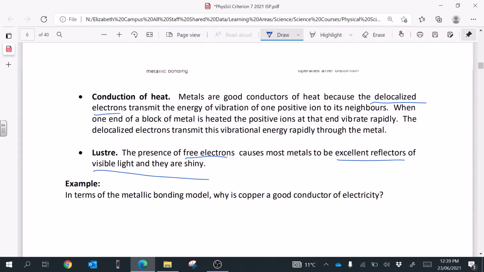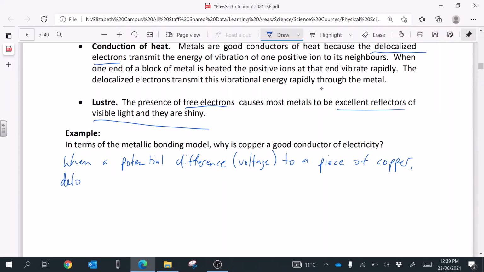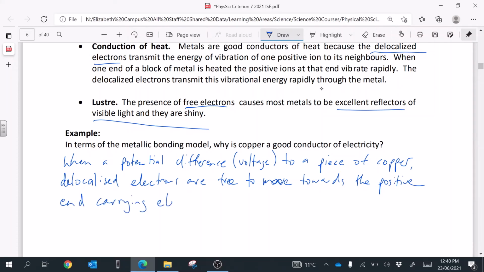Well, all we need to say is that when a potential difference is applied, just remember that is voltage, to a piece of copper, delocalized electrons are free to move towards the positive end, carrying electric charge.